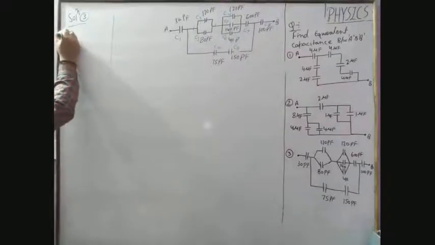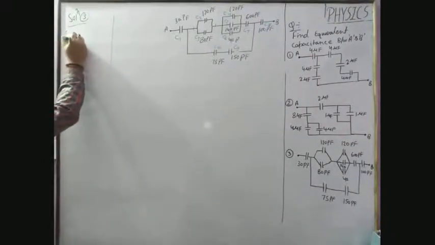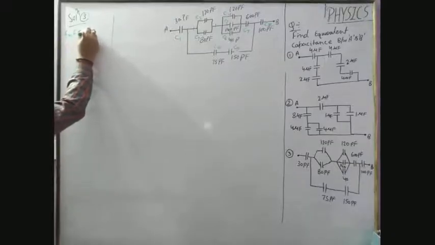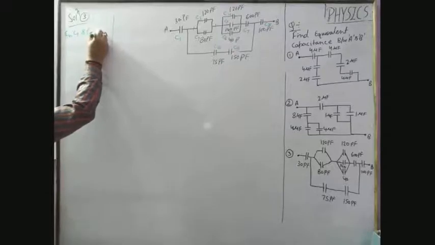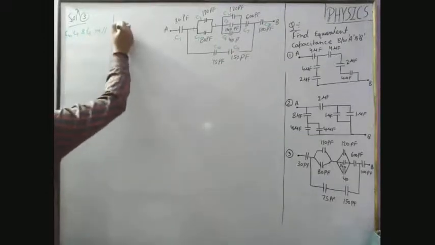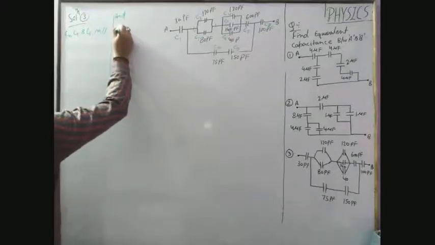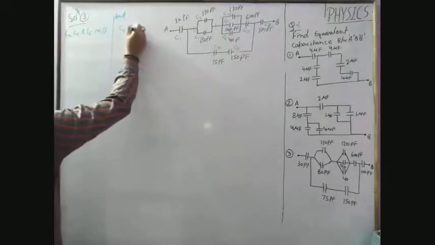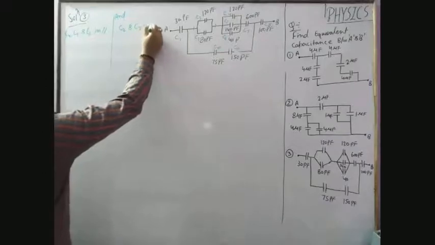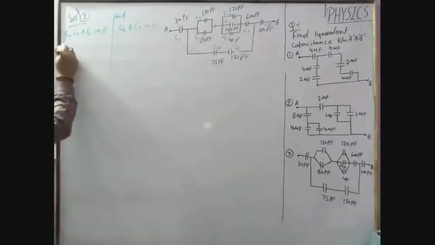Therefore here C4, C5 and C6 in parallel, and here C2 and C3 in parallel. Okay, therefore you can calculate from here.